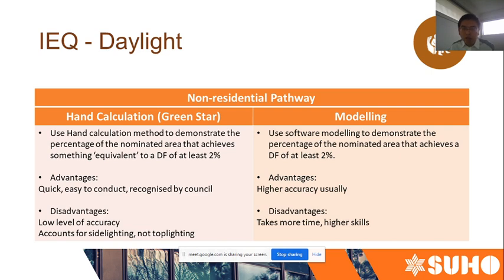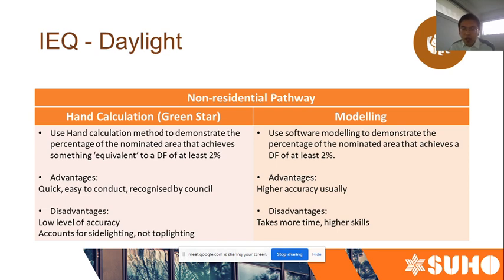So if you have a development with lots of skylights, unfortunately, skylights are not included in this hand calculation. And if you want to demonstrate the benefits of skylights, we need to do more detailed modeling. Of course, modeling comes with higher accuracy, but it will take more time and higher skill.